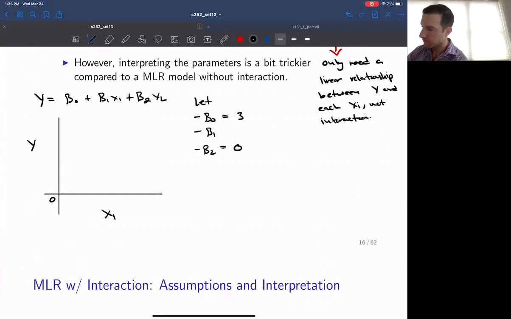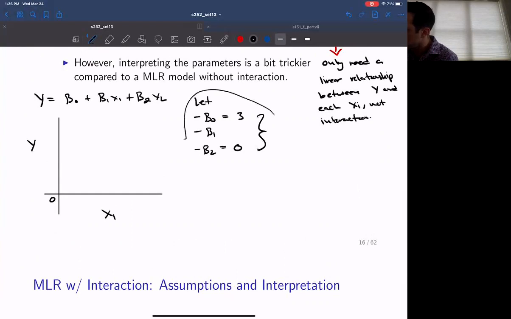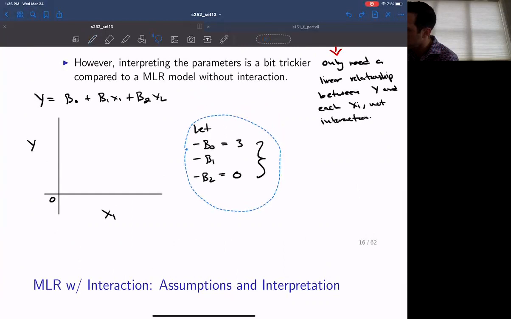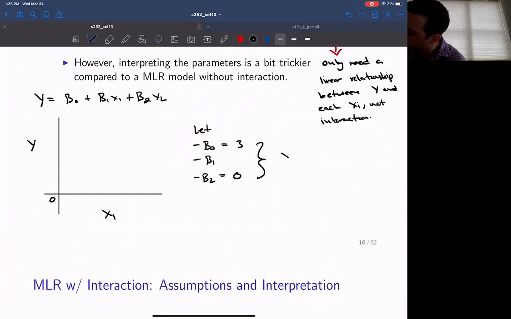Now, you can see here that when beta 2 is equal to 0, this leads to y equals 3 plus beta 1 x1.